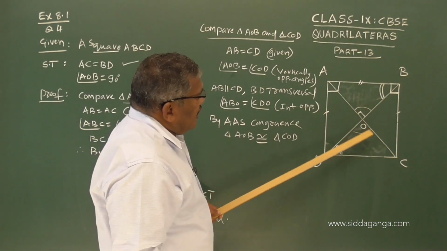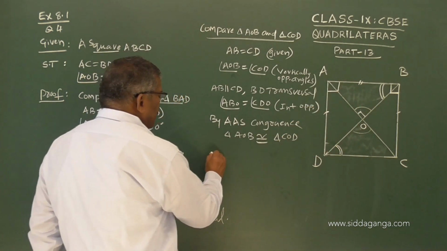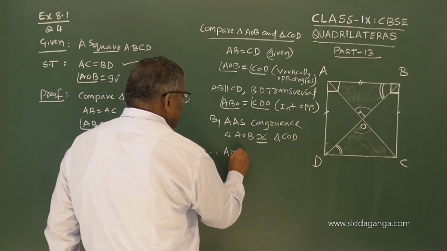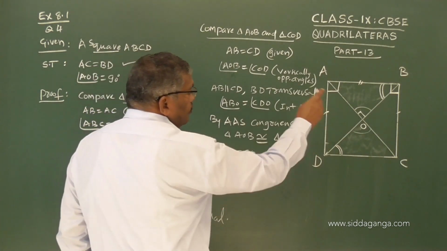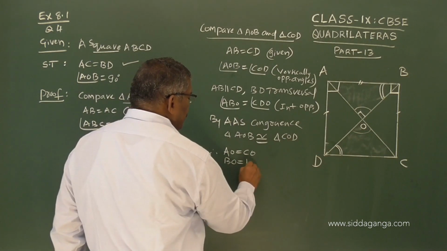So when these two triangles are congruent, the corresponding sides are equal. Therefore, I will write AO equals CO and also BO equals DO.